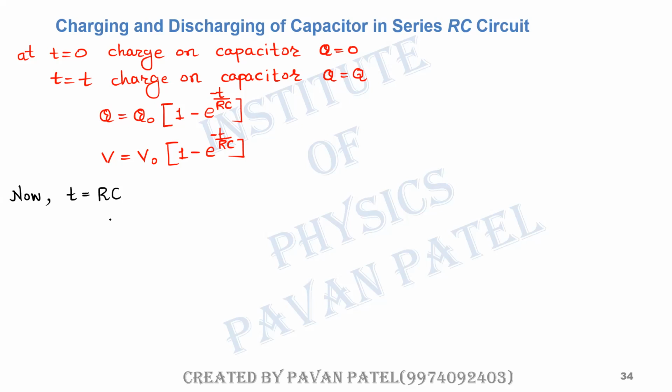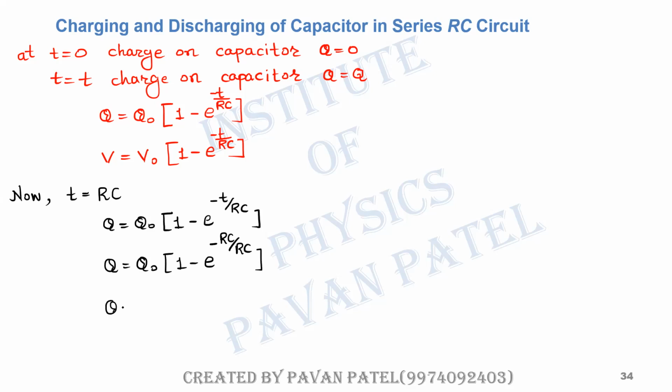So q is equal to q0 (1 minus e raised to minus t divided by RC). Just substitute the value of t as RC. So q is equal to q0 (1 minus e raised to minus RC divided by RC), and RC by RC is 1.